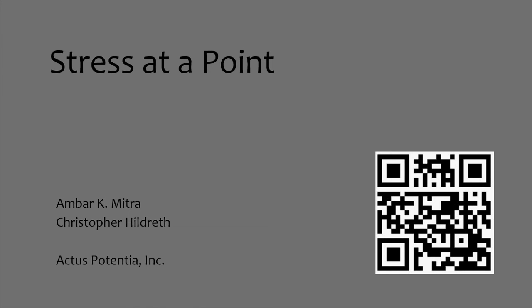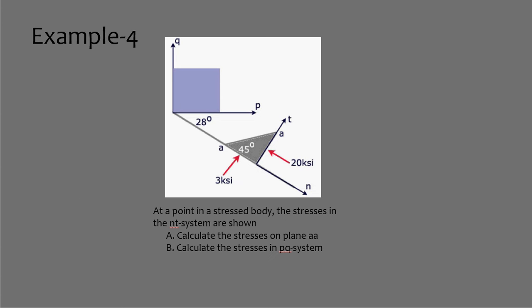Hello. In this video, I'm going to go over our final example problem of analyzing stress at a point and stress transformations. So, in example 4, you can see I have a different problem set up than the other examples. And this one is set up with two parts.